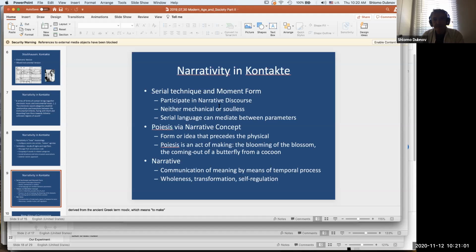A similar process goes on in terms of media theory and culture. So the ideas of narrative and poiesis, I think, came as one way to understand what he's trying to accomplish here.